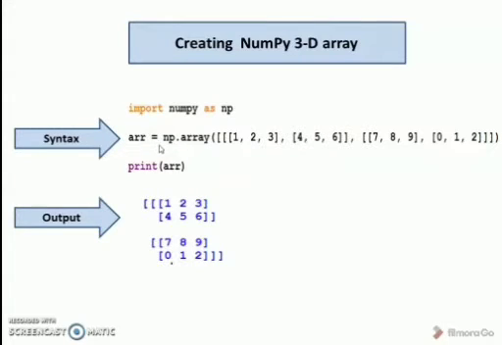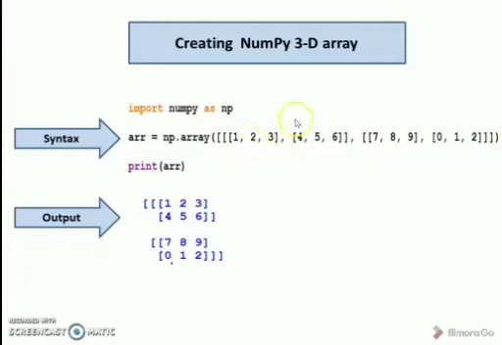So here in this particular code, we are creating two 2D arrays, as you can see. So code is simple. First we need to write import statement. Then we are using array function and here we are providing two 2D array. So first 2D array is having 1, 2, 3, 4, 5, 6.